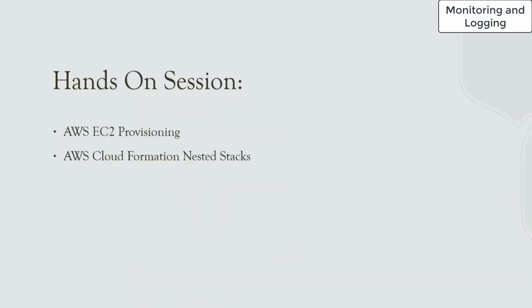Along with that, we also saw the scenario of CloudFormation nested stacks. And you have also seen how you can perform a change set using CloudFormation. Once a CloudFormation stack has been created, how can we edit it?